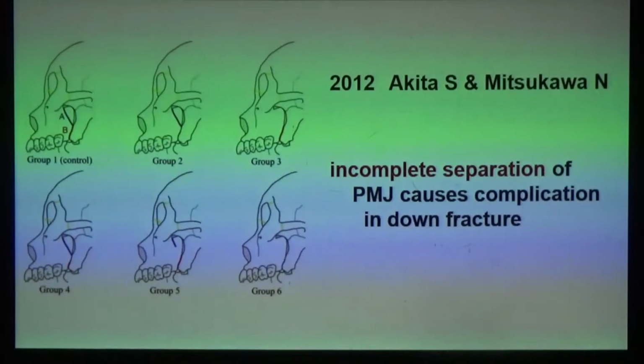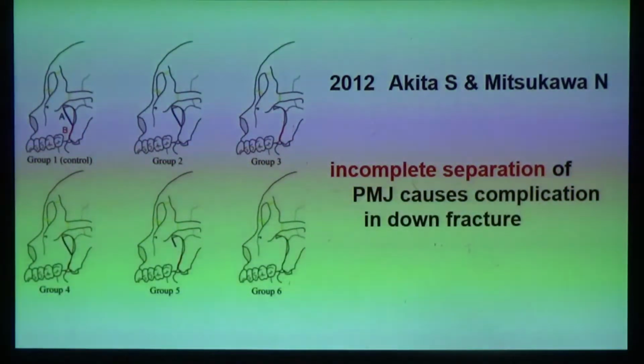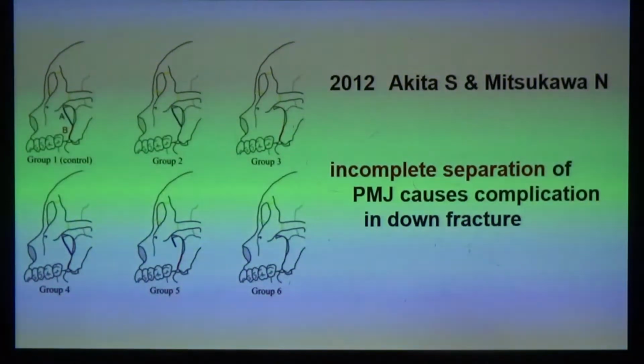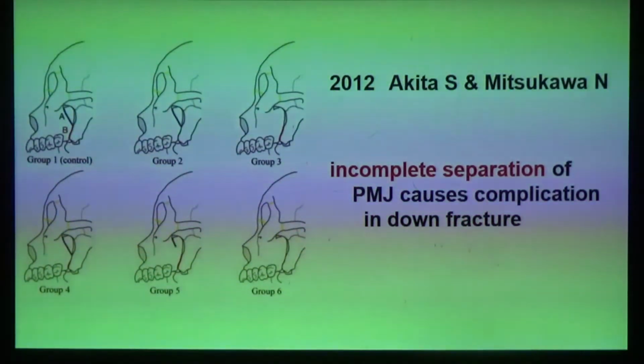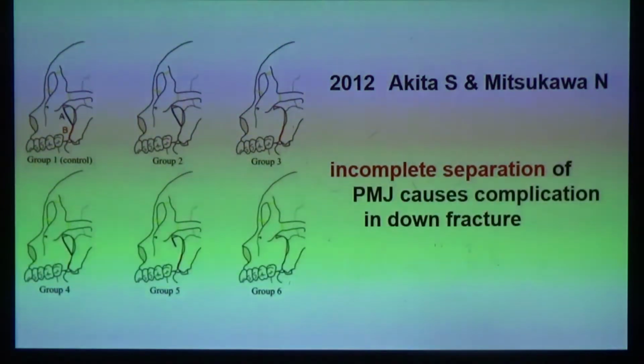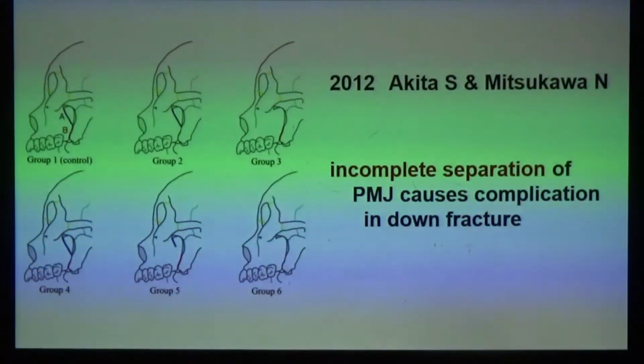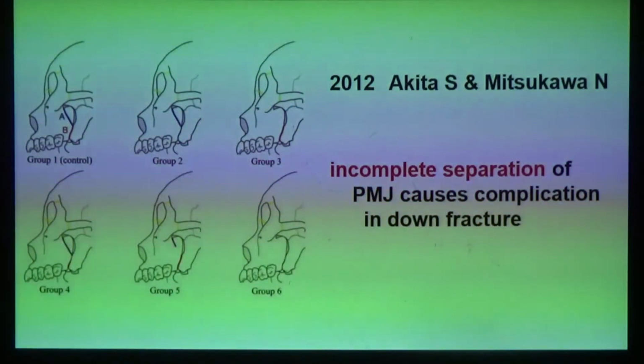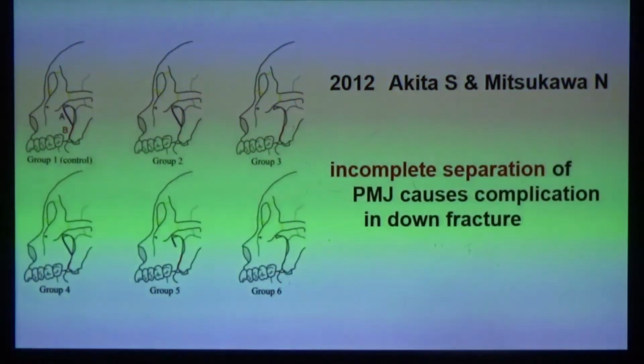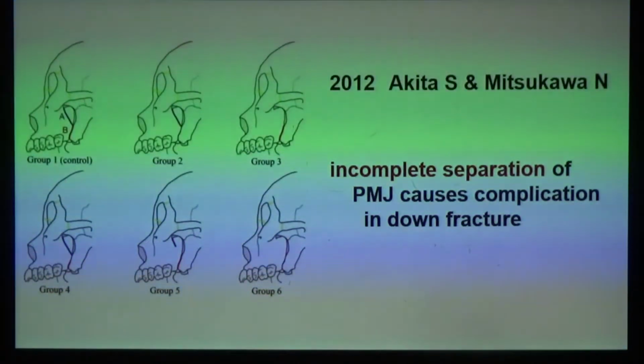All doctors hate to encounter such complications, so various studies have been conducted seeking to avoid these complications. For instance, Akita and Mitsukawa performed experimental LUFO-3 osteotomy on cadavers and found that incomplete separation of the pterygomaxillary junction can cause serious complications.